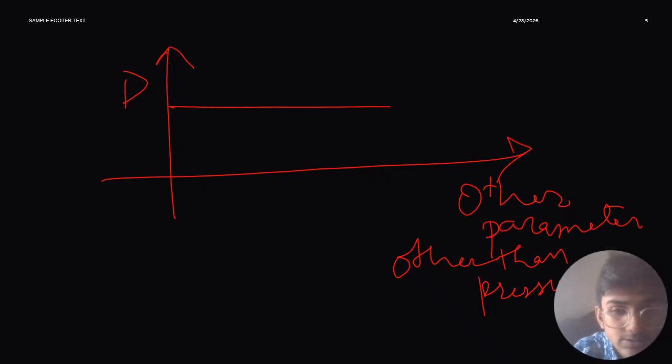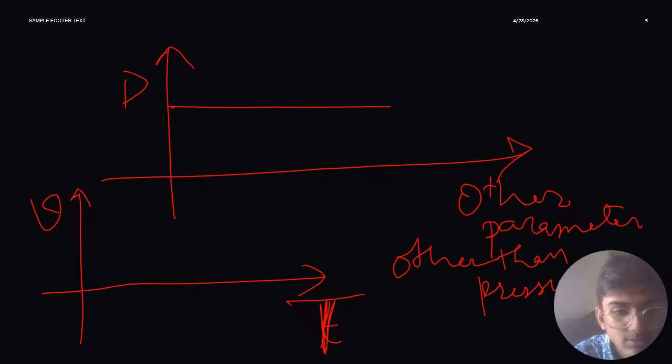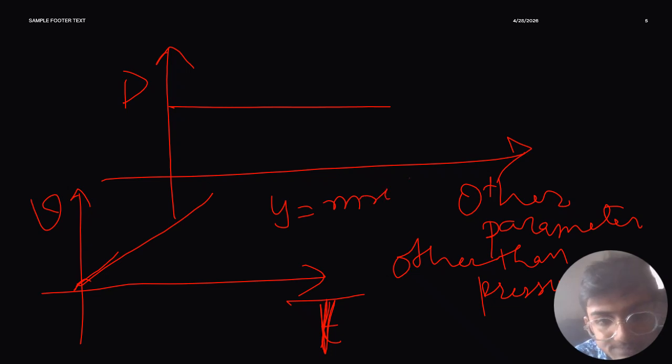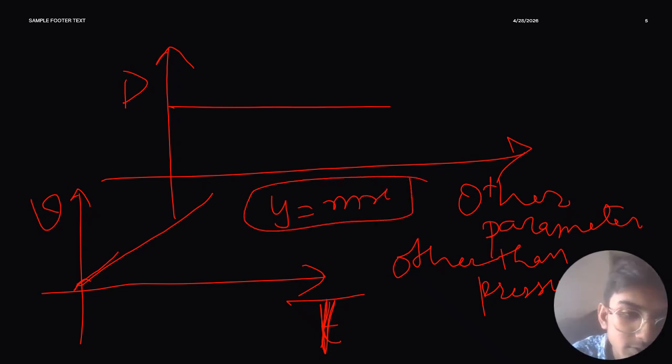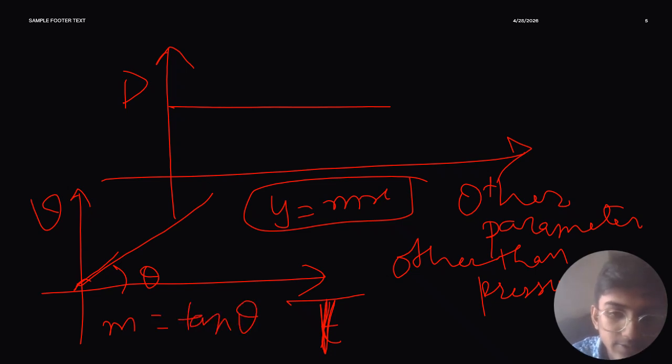But in the process we are discussing, if it is given as volume and temperature, then it will be a y equals mx type graph, where m is the slope, which is given by tan theta. This is your isobaric process.